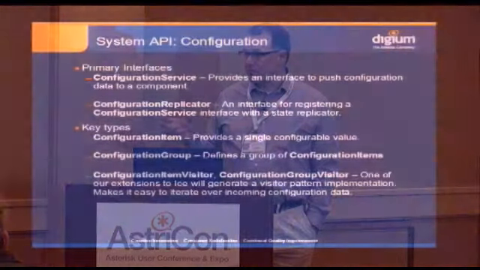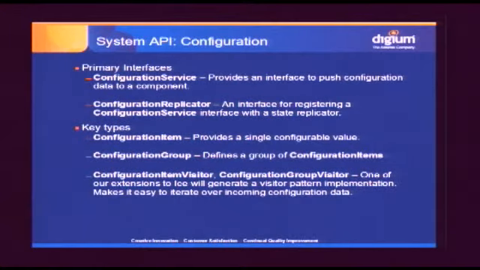A configuration item is like a scalar, but the configuration group is some group of such things. Into the configuration interface, you actually push in a sequence of configuration groups, a collection of groups, basically.